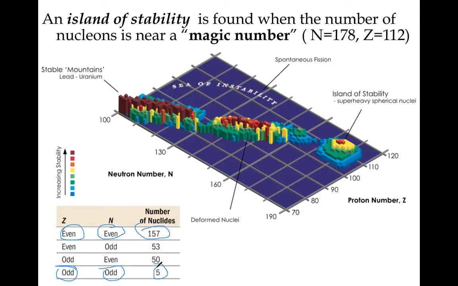Those happen to be uniquely stable, and we refer to them as magic numbers, okay? As unscientific as that sounds. So these magic numbers of protons and neutrons also contribute to nuclear stability. And again, these magic numbers are going to be even, okay?